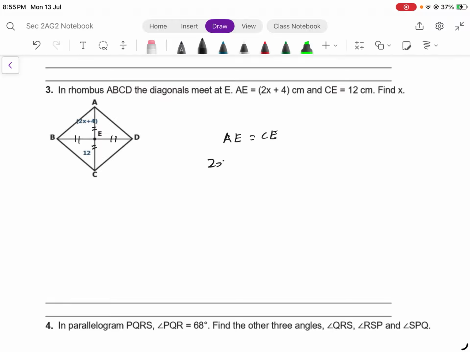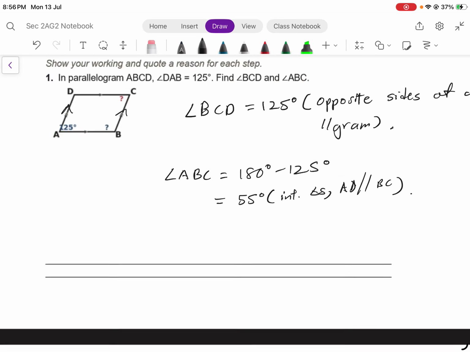So 2x plus 4 equals 12. Minus 4, minus 4, 2x equals 8. Then you divide by 2 and x equals 4.